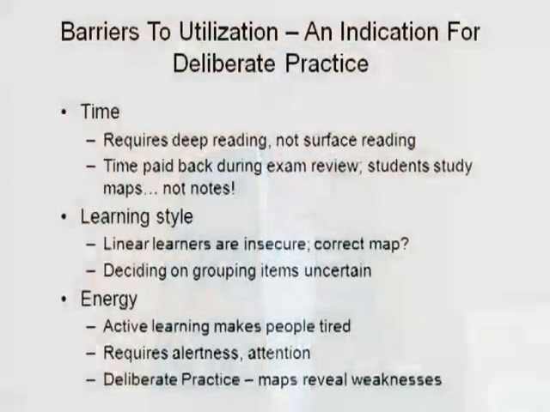Okay, let me move now, we're getting near the end, but I want to, actually without realizing it, have covered several slides ahead. I want to move here to the barriers to utilization and talk to you about things that I've encountered through my experience.